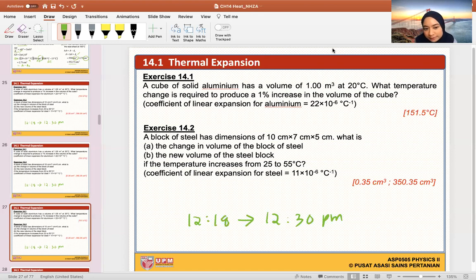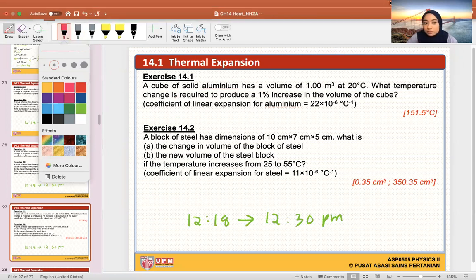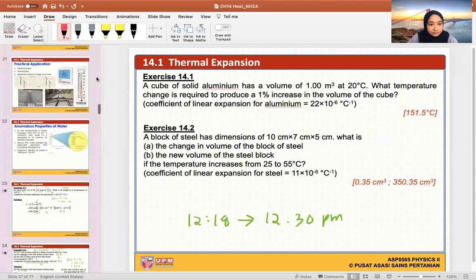Orang lain dapat tak jawapan dia? Okay, 5 more minutes. Oops.